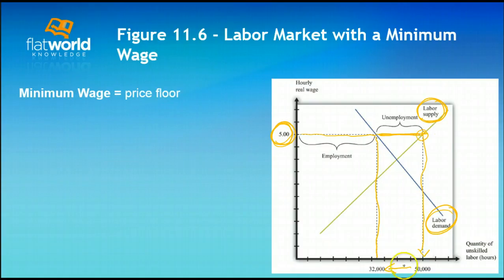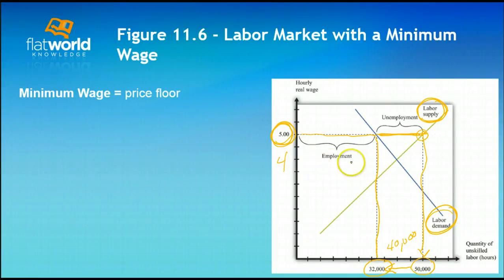Remember, our equilibrium used to be 40,000 hours of labor at $4. Now, the workers in the economy would like to supply 50,000 hours of labor, but the firms in the economy are only willing to employ 32,000 hours of labor.